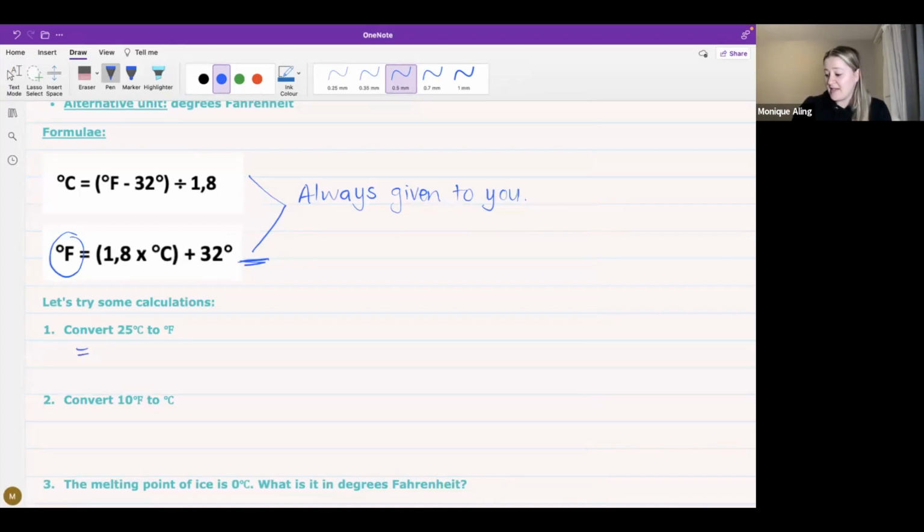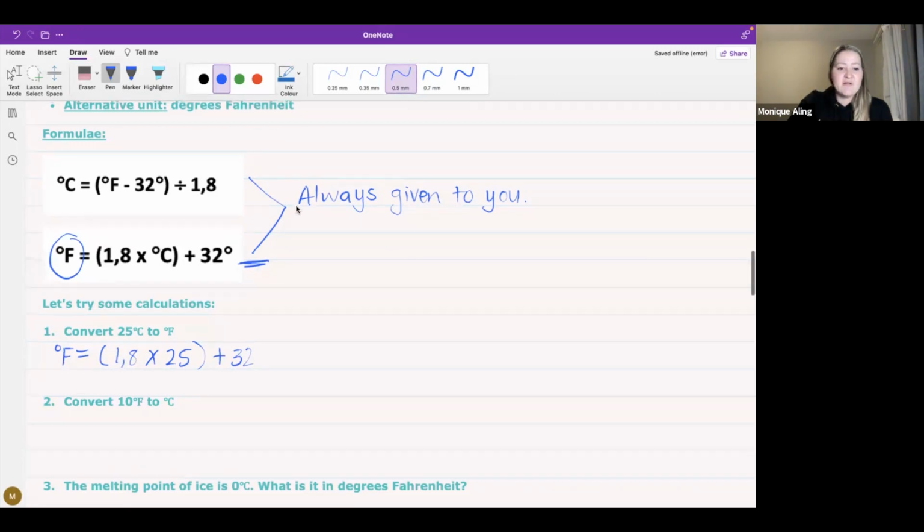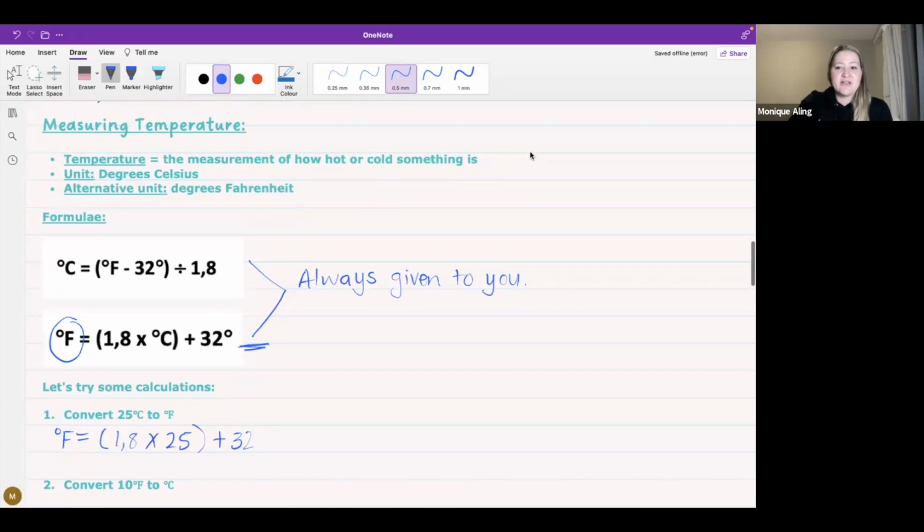We take the correct formula and substitute our 25 degrees Celsius into it. So 1,8 times 25 plus 32. You don't need to include these degrees, that's not important. Let's check.